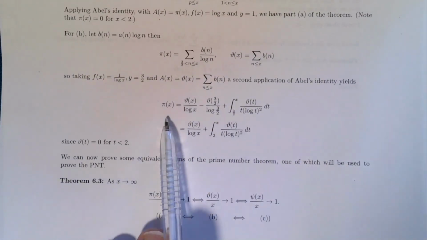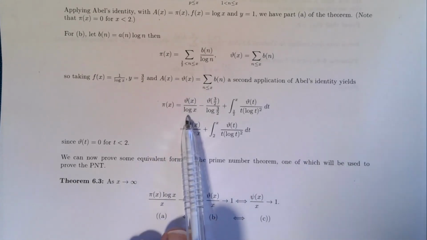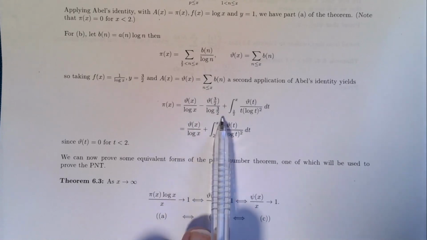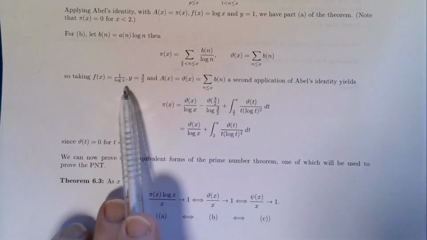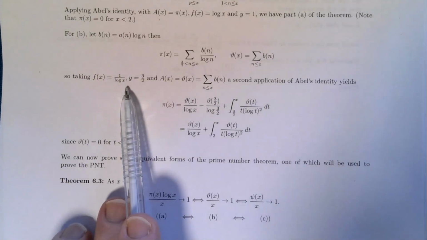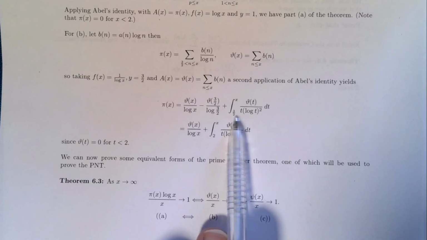We get pi of x is theta of x over log x, minus theta of 3/2, this is theta of y over log of y, and then we have to differentiate f, which is going to give me minus 1 over t log squared t, and then that's what we get when we plug it into Abel's identity.